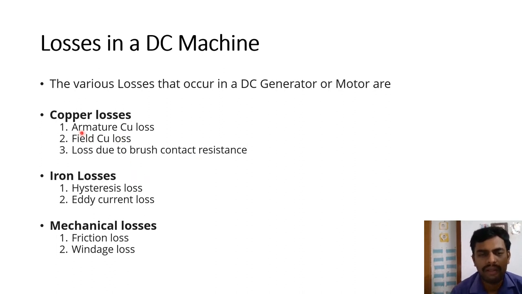Here we will be having armature winding, enamel coated copper wire in the armature as well as in the field circuit, as well as the loss at the brush contact. Next, coming to the iron losses, you'll be having hysteresis loss and eddy current losses. Mechanical losses include frictional losses and windage losses.